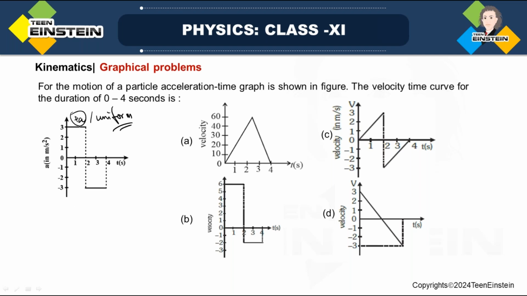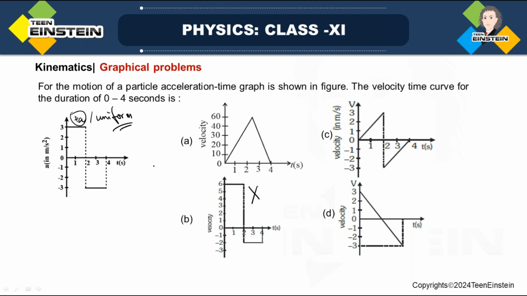When velocity is increasing uniformly, the slope of the curve should be constant. Look here, the velocity from 0 to 2 is constant, so this graph is not the correct representation of the velocity.